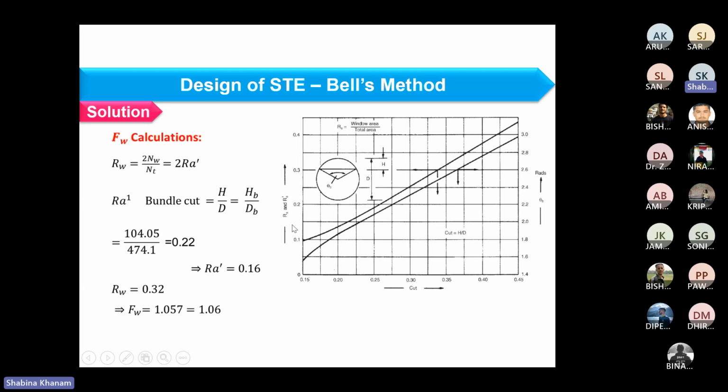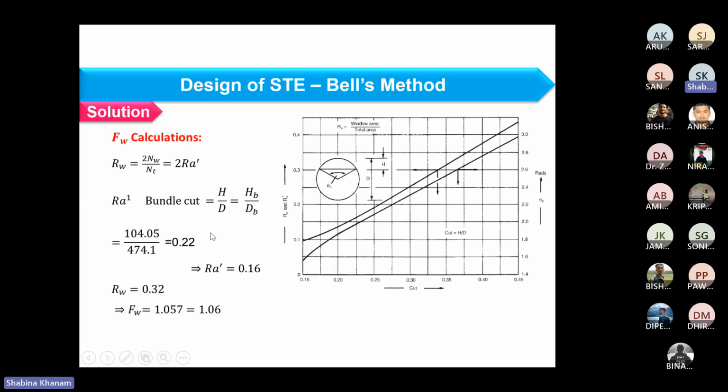And RA prime we need to see from bundle cut. Okay, this is the only graph which is available, the above one, and you need to consider RA prime at bundle cut, not at baffle cut. So bundle cut is nothing but HB by DB. HB and DB, all these values you know already, so it is coming as 0.22.